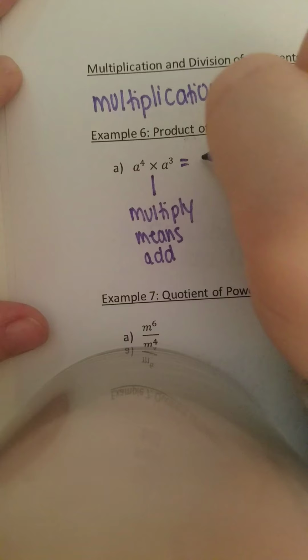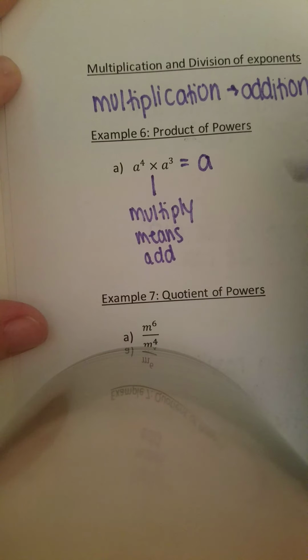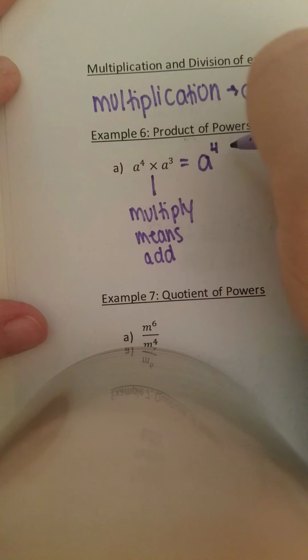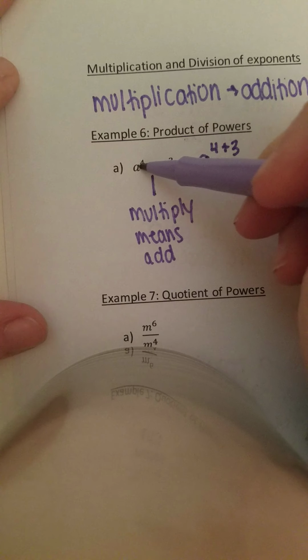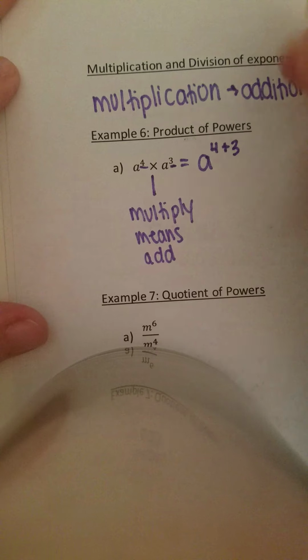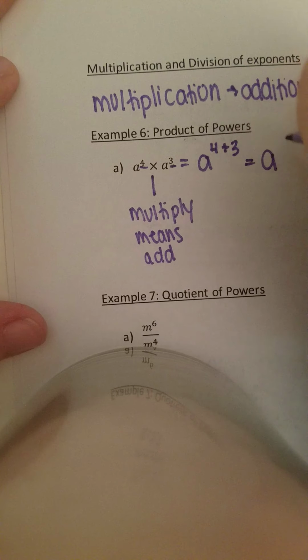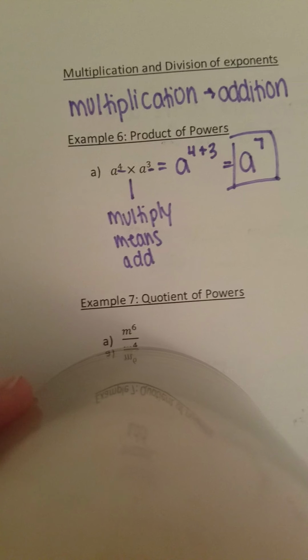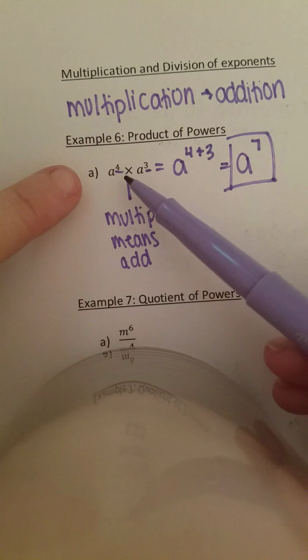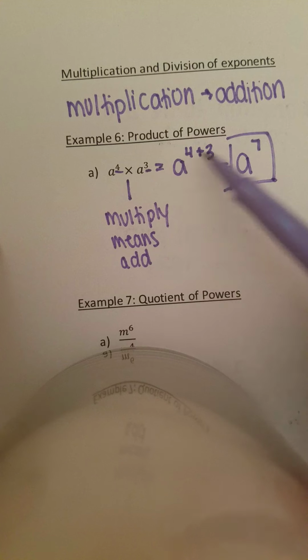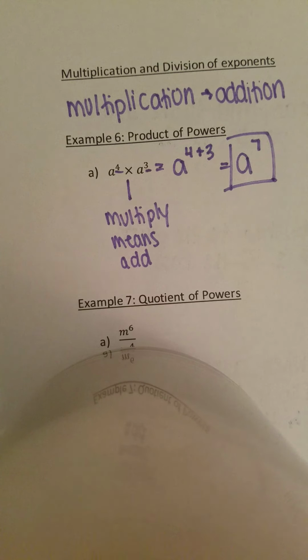So this is going to be equal to A. We're going to add the exponents 4 plus 3. We just took the 4 and the 3 and we added them together. So this would equal A to the 7th power. Whenever things are being multiplied, you just add your 2 exponents, 4 plus 3, and you get A to the 7th power.